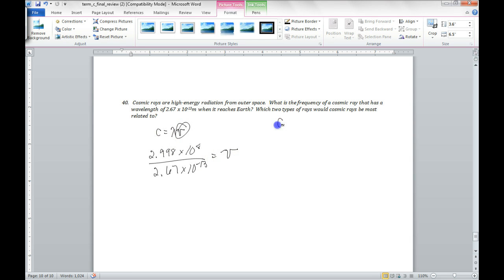If you wanted to do it out, it'd be c is equal to lambda v, divide by lambda on each side to get v by itself. So c over lambda is equal to v.